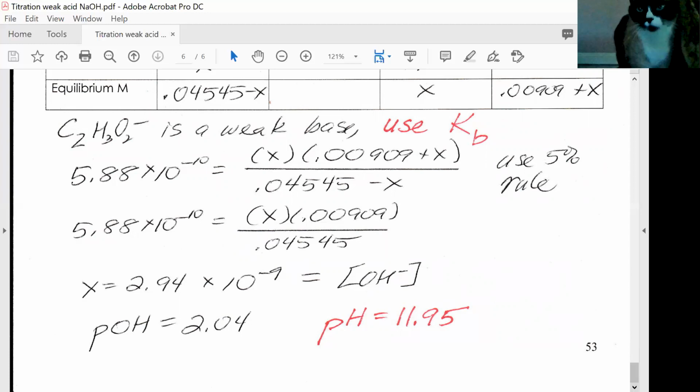We use the 5% rule and simplify. We solve for X. Our X is 2.94 times 10 to the minus 9. And remember, this is our concentration of hydroxide. We get a pOH, 2.04. From our pOH, we get a pH. So that wasn't so bad.